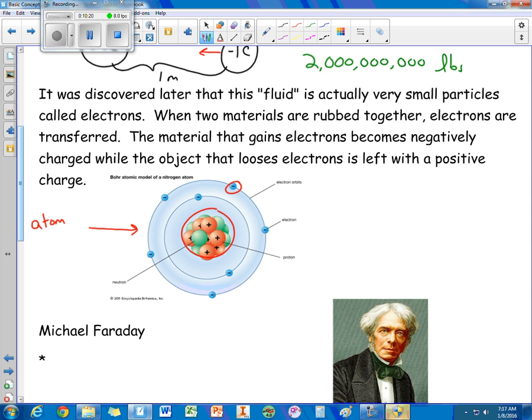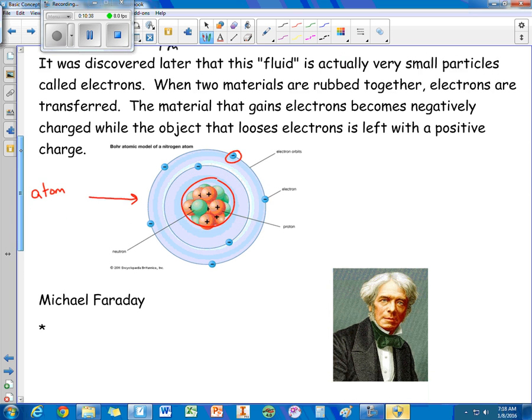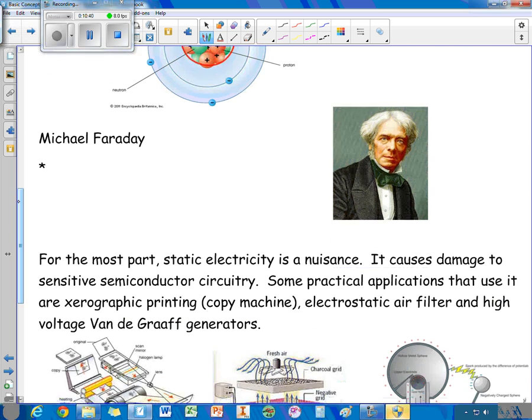And if you remember what Franklin said, this is actually the opposite of what Franklin said. So there are some discrepancies here. But what's important to realize is that scientists finally learned that it's not a fluid, it's particles. We then come to another scientist named Michael Faraday.